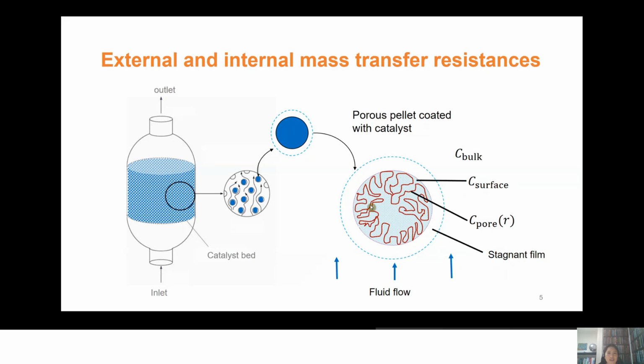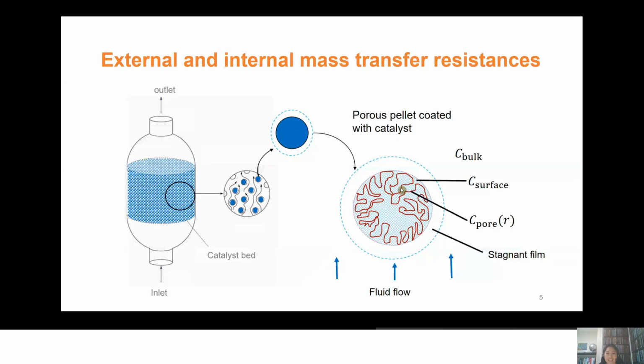And then at any point inside the pores of the pellets, in the pore channel, on the wall of the pore channel, there are active sites. So at any point inside the pore of the pellet, or even on the external surface of the pellet itself, the species or your reactant may encounter an active site of the catalyst, and when it does, it will react.